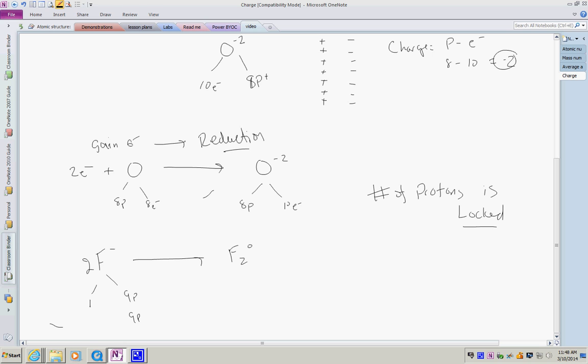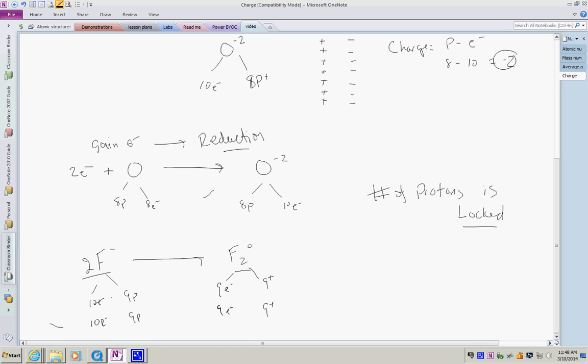Because it's negative 1, each would have 10 electrons. As it goes neutral, we're going to have 9 protons and 9 protons, and of course 9 electrons and 9 electrons. So this is the before snapshot and this is the after snapshot, same chemical.